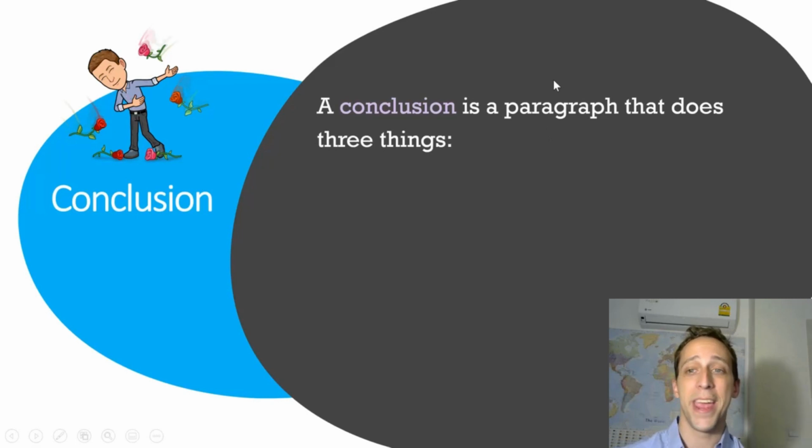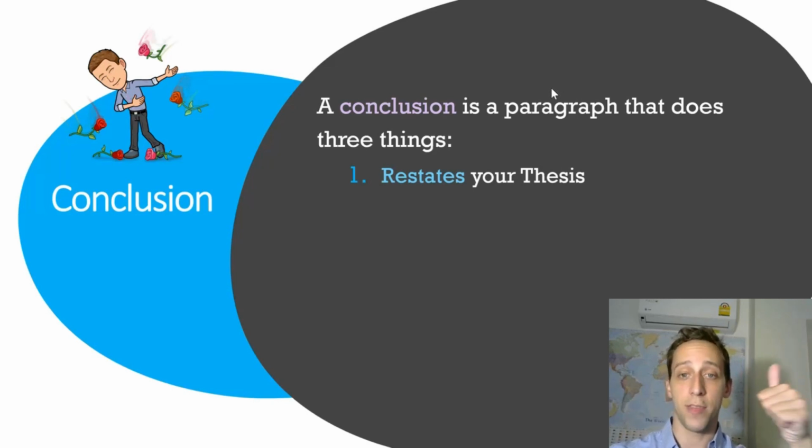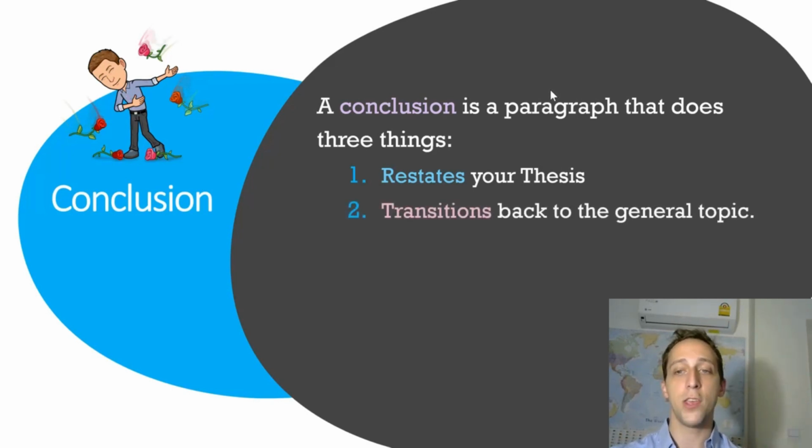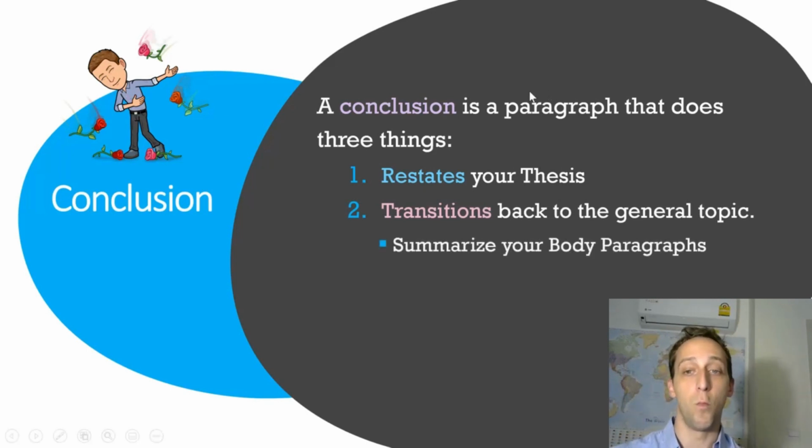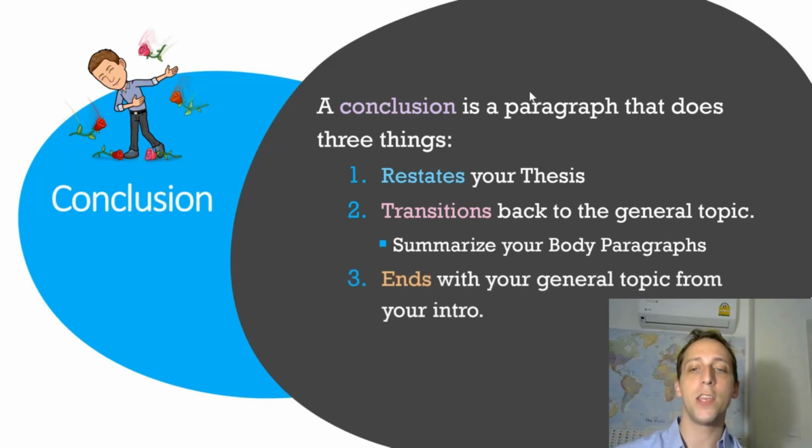So in a conclusion paragraph, you do three things. You first restate your thesis, then you transition back to the general topic by summarizing your body paragraphs. You don't summarize the whole debate, you summarize your body paragraphs in one sentence, and then you end with your general topic from your intro.